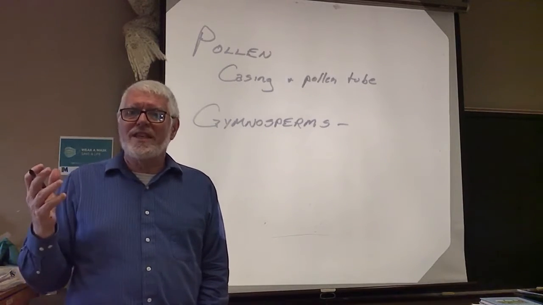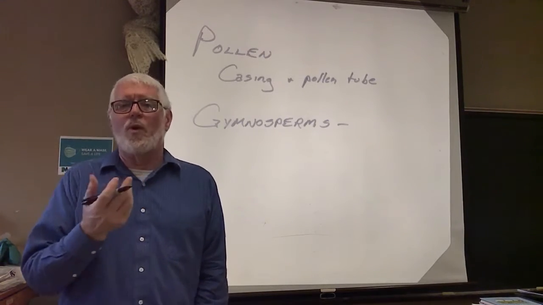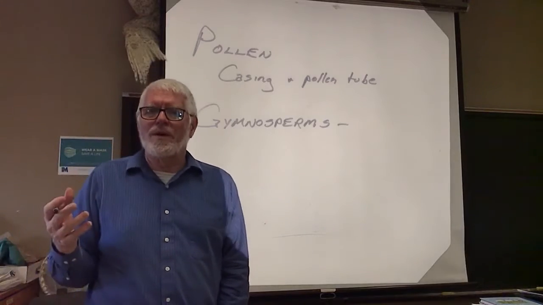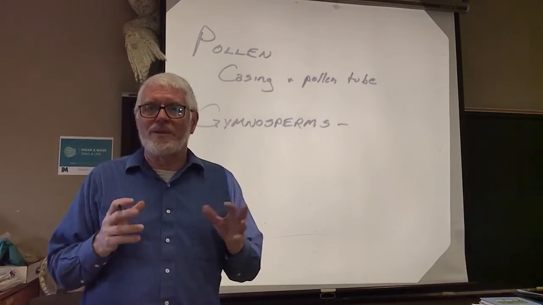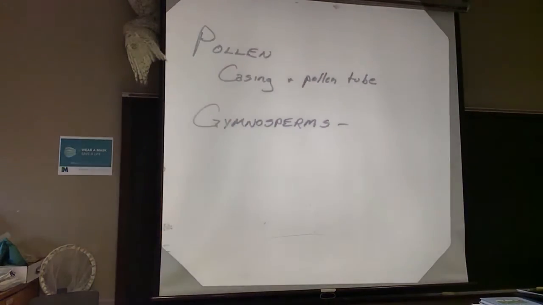And it frees the plants from having to be in circumstances with open surface water for the sperm to swim, and also for the male and the female parts to be really close to one another. Gymnosperms include a number of groups. We tend to think of the ones that we can see around here, the pines and the spruces and the evergreens, basically.